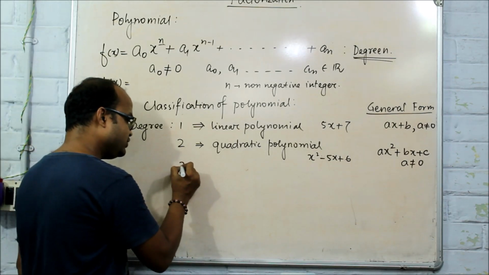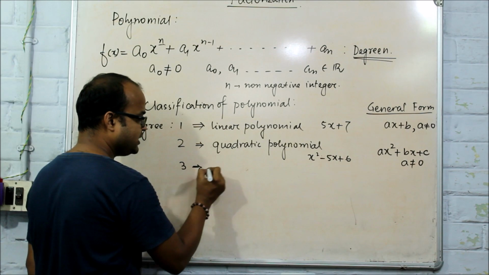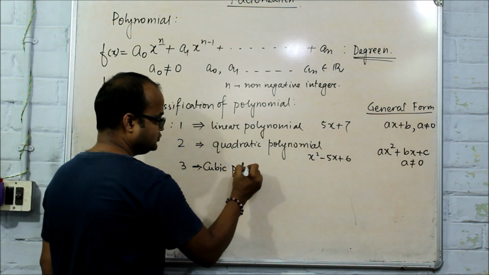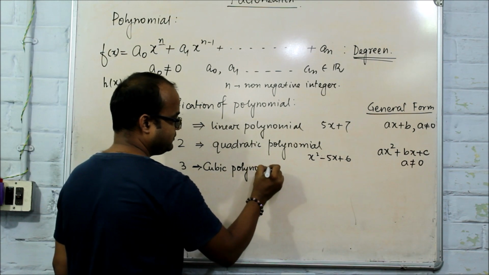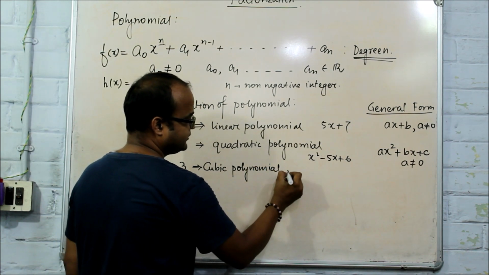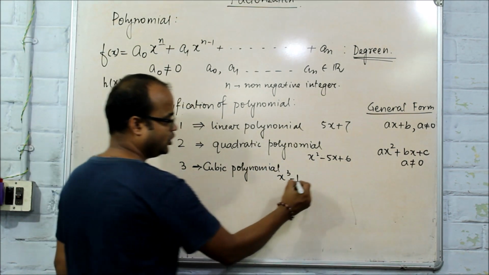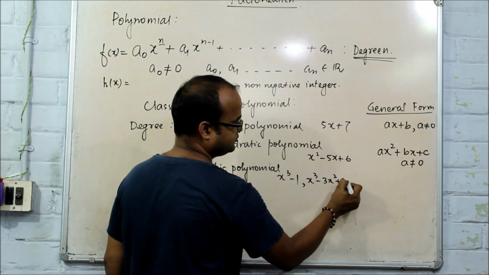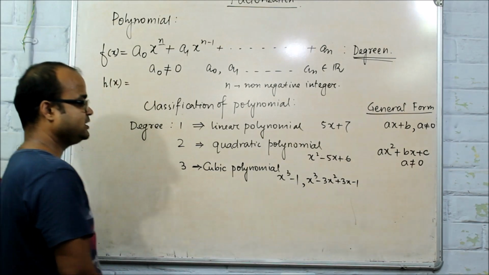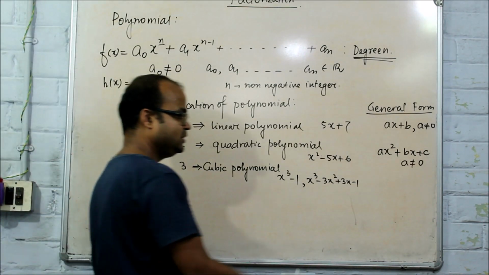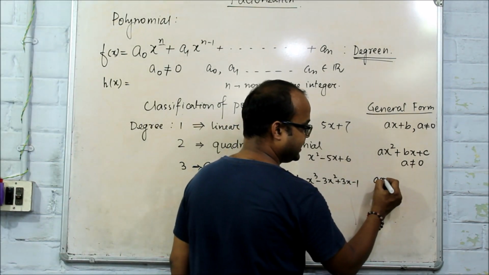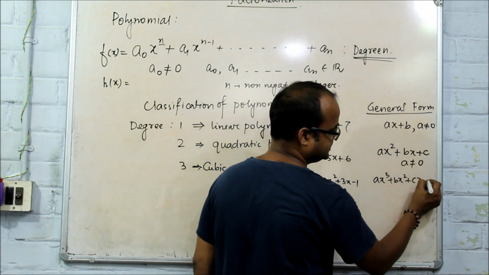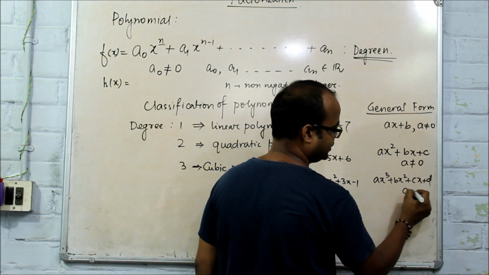If the degree is 3, then we call it a cubic polynomial, like x cube minus 1 or x cube minus 3x square plus 3x minus 1. All these are examples of cubic polynomials. The general form is ax cube plus bx square plus cx plus d, where a is not equal to 0.